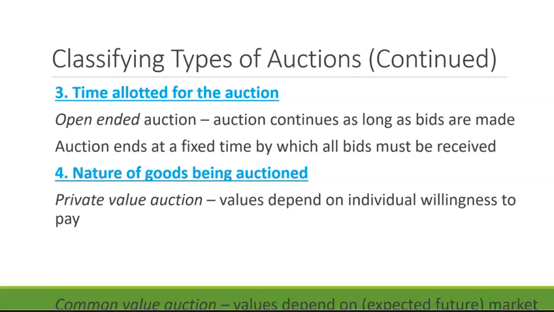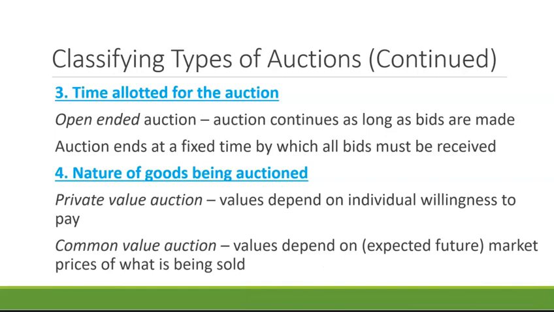This is in contrast to what's called a common value auction. A common value auction is different from a private value auction because the participants are thinking about what the future market price is going to be for what's being sold.